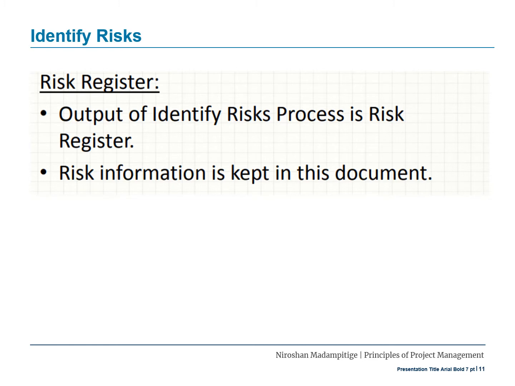In identifying the risks, where these risks are documented is in the risk register. This is the output of the identify risks process that you have worked on so far. Risk information is kept in this document with all the attributes that are important to know.